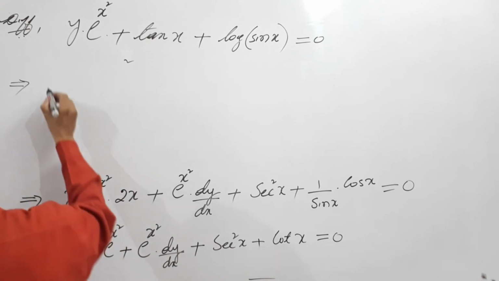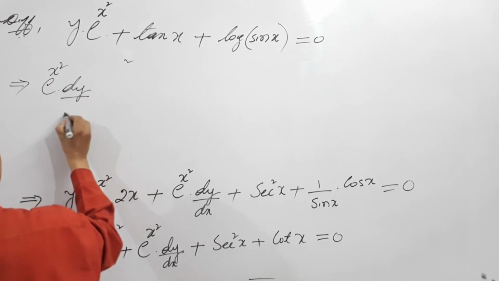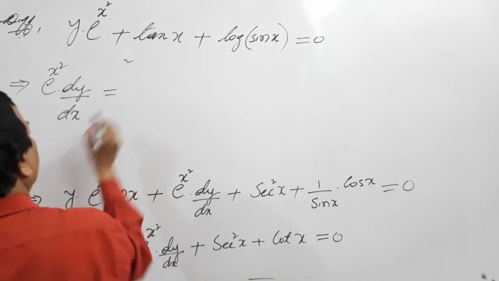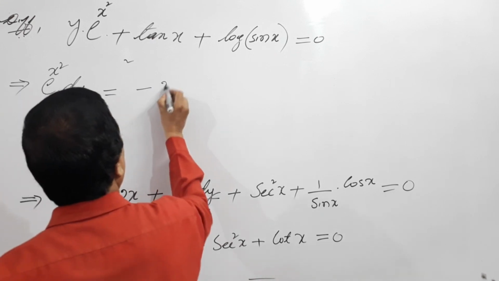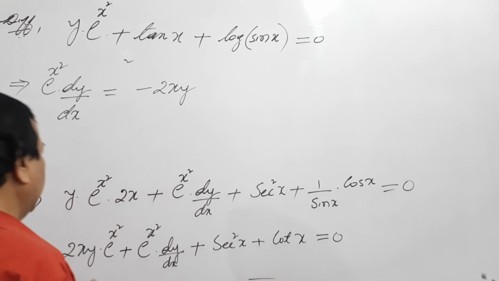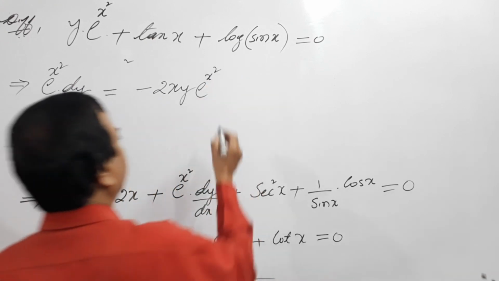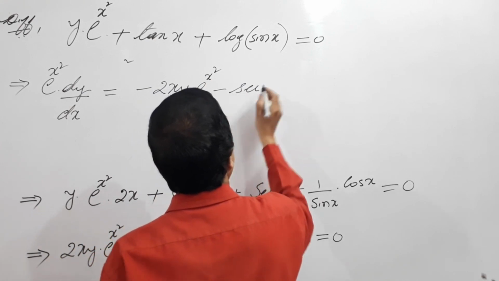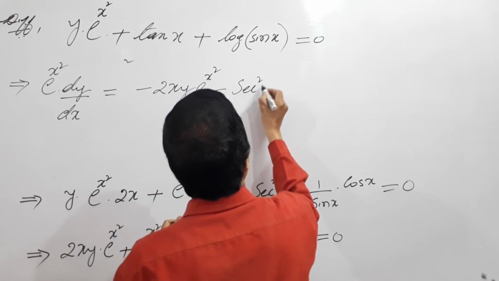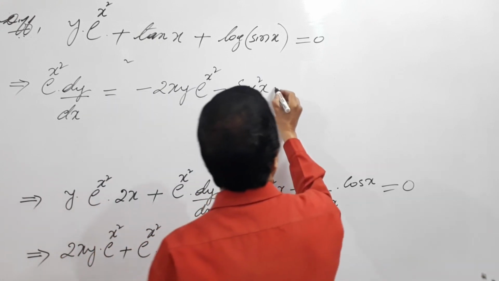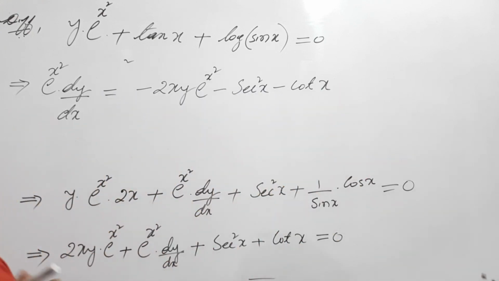This is e to the power of x square into dy by dx equals to, so I send this, equals to minus 2xy into e to the power of x square minus secant square x minus cot x.